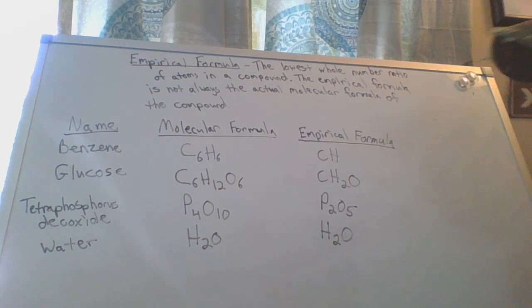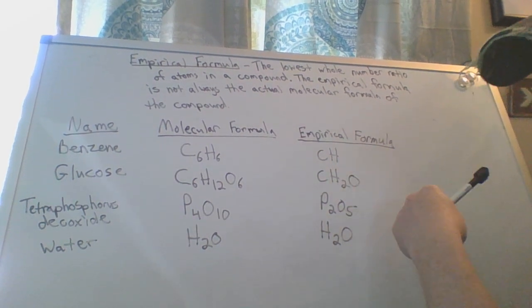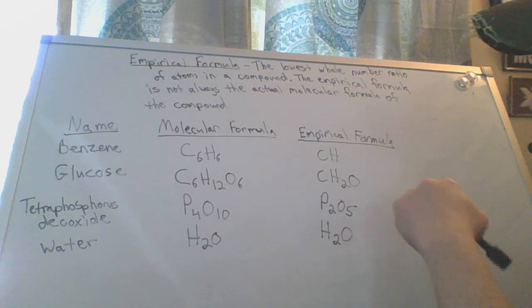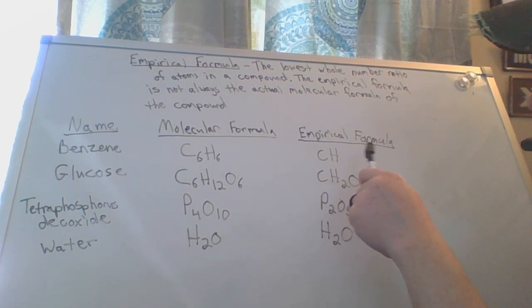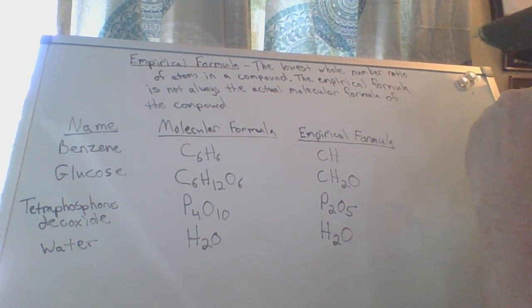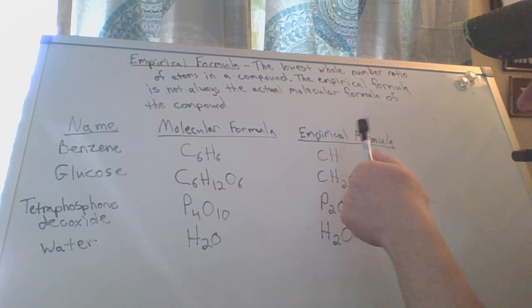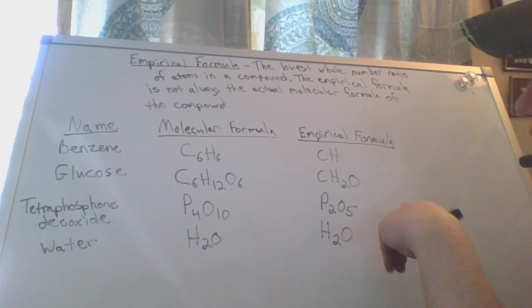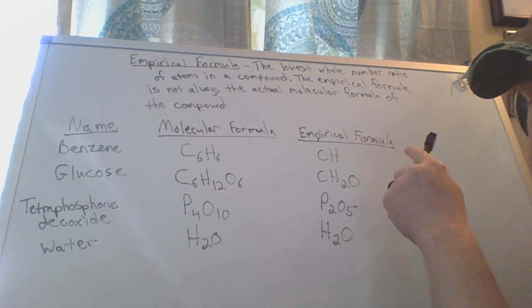so as to not bore you. As you can see on the board, an empirical formula, the definition straight from the textbook, is the lowest whole number ratio, whole number, that's important, of atoms in a compound. The empirical formula, and I added this second sentence, is not always the actual molecular formula of the compound.